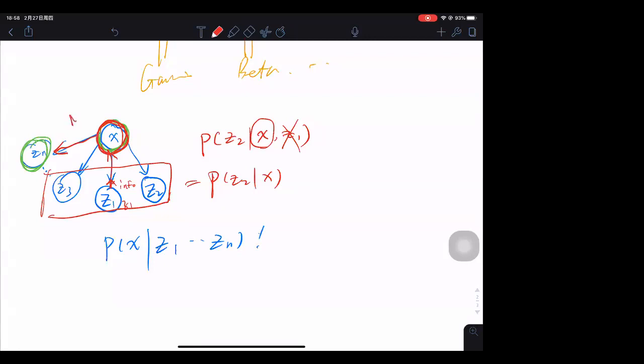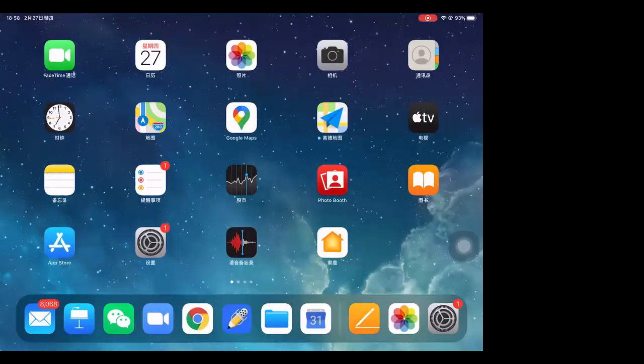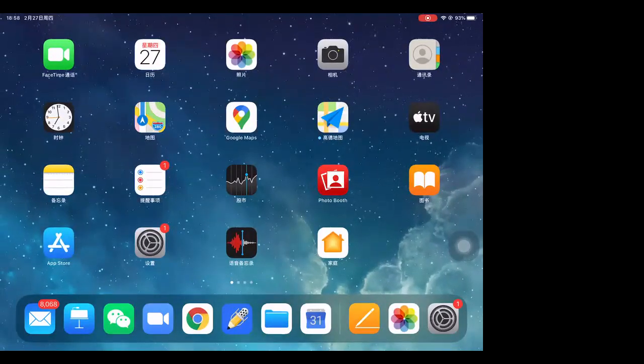So this is a Markov assumption, because you only need the one-step information. Later we will give more examples, but most of you know about this already.